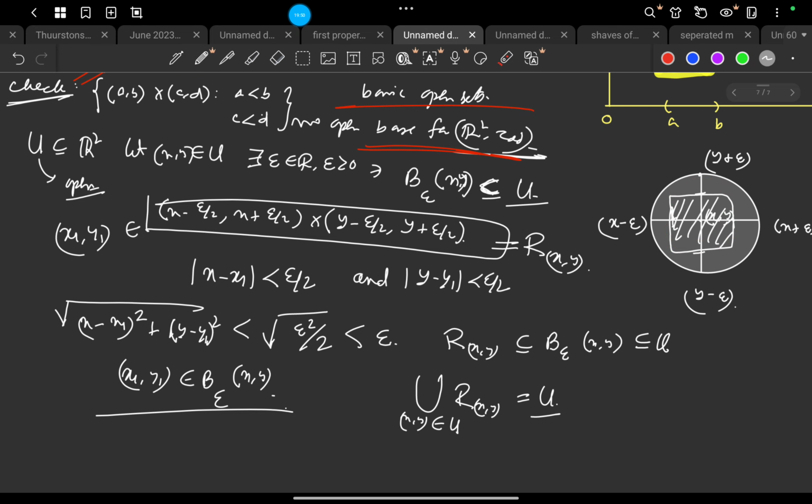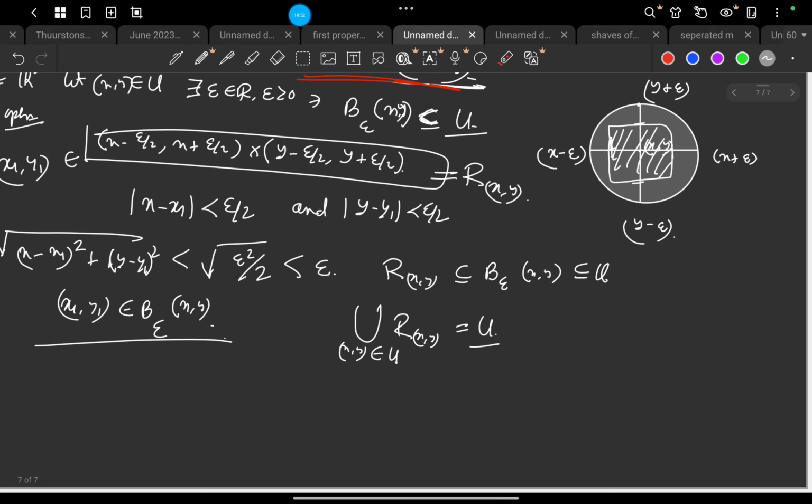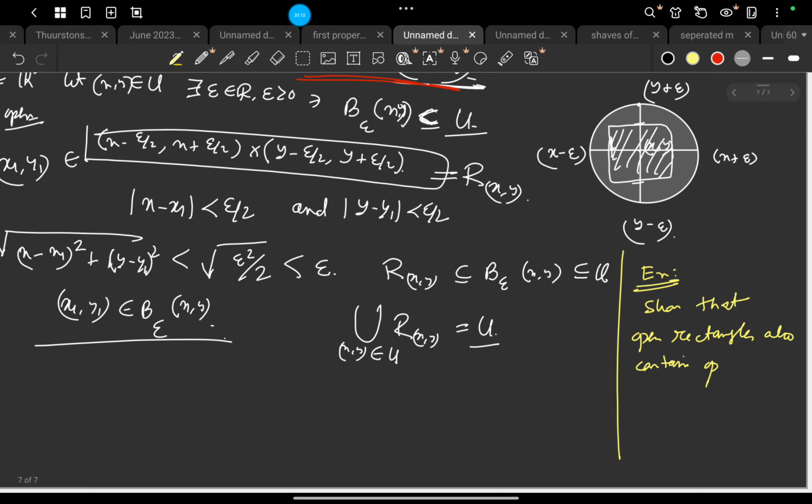Okay, similarly we can again show, it's a very small exercise, show that open rectangles also contain open balls.